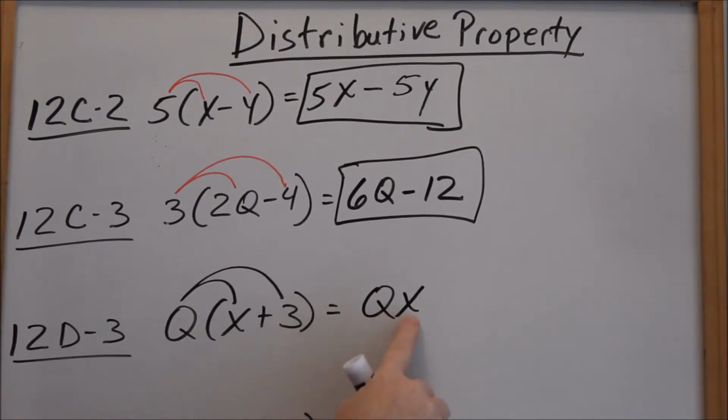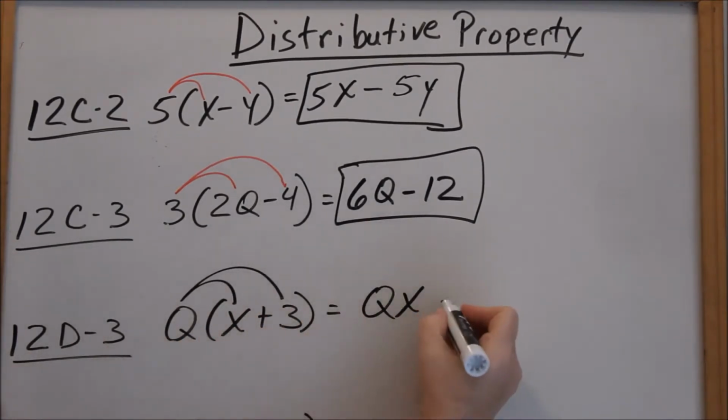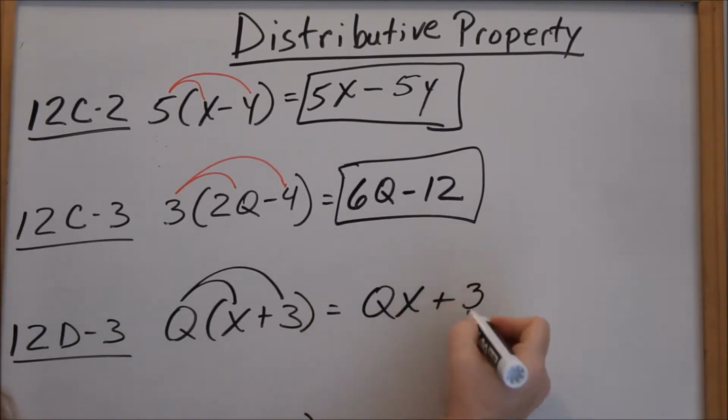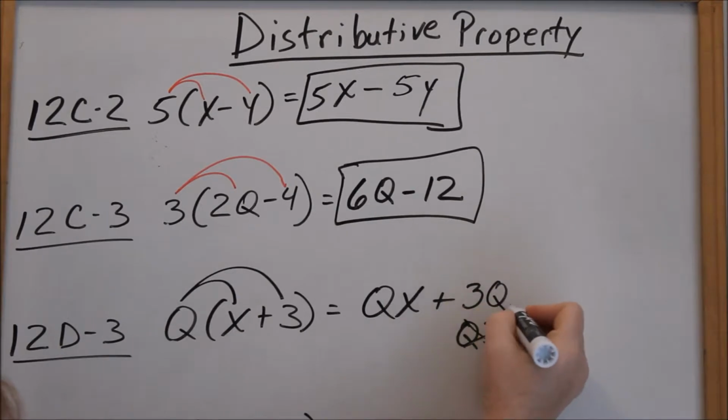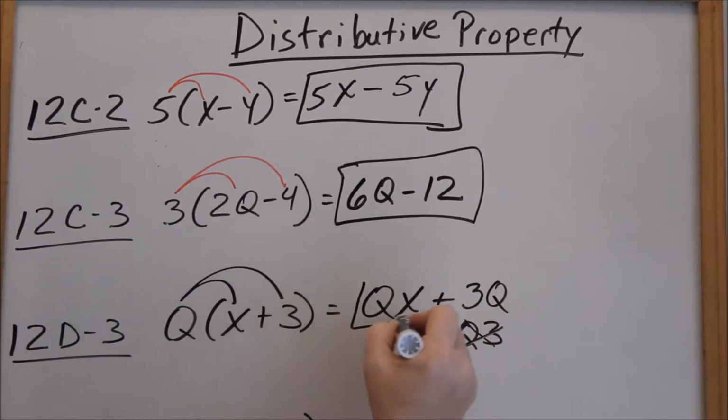And then q times a +3, a positive q times a +3 is a positive. And q times 3, always write your numbers first. Don't write q3. You rarely see it as that. Instead, put your number first and then your letter. 3q means 3 times q.